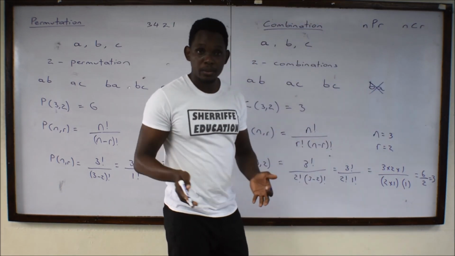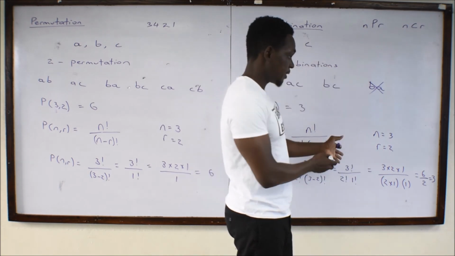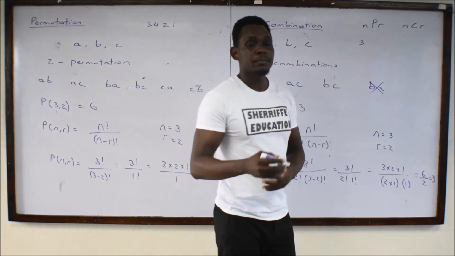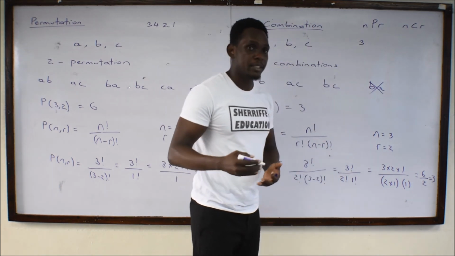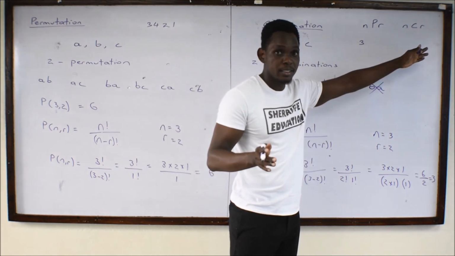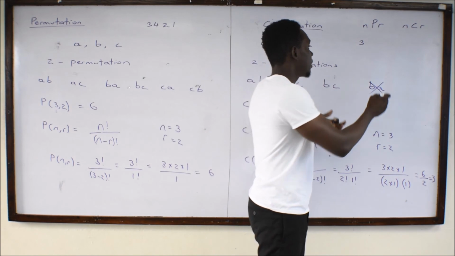All you need to do is put your n, which in this case would be 3, then press the P or the C symbol depending on which one you're using.